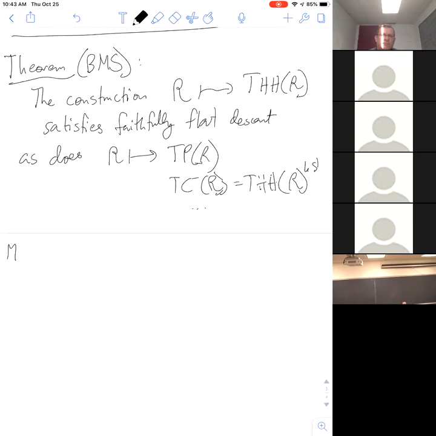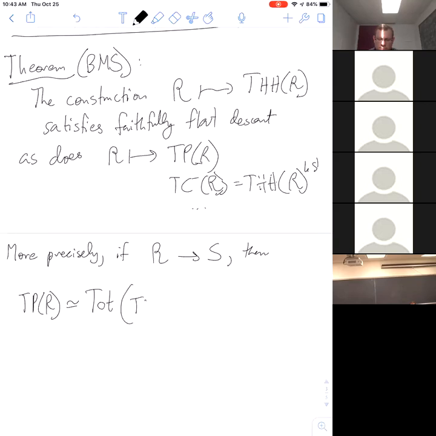So more precisely what that's saying, if you have a faithfully flat map of rings R to S, then you can recover TP of R as the totalization of a cosimplicial object, namely TP of S. So that maps in two ways to TP of S tensor RS, and you get a big cosimplicial object.